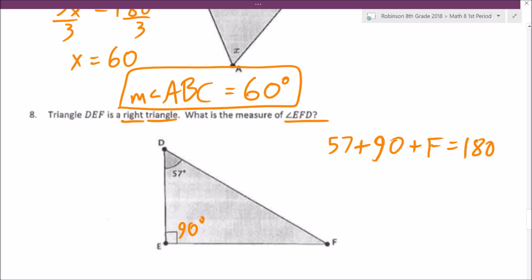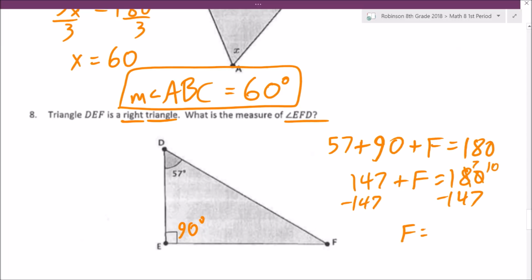There we go. 57 plus 90 is 147. We subtract 147, and F is equal to, borrow a 1, 33. So the measure of angle EFD is equal to 33 degrees.